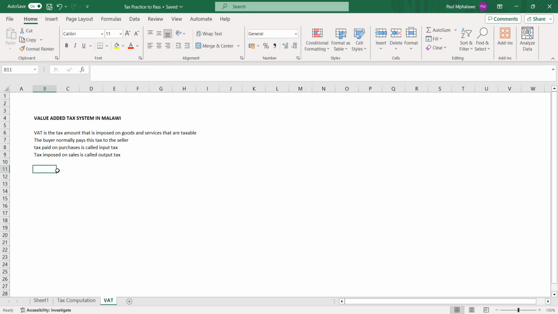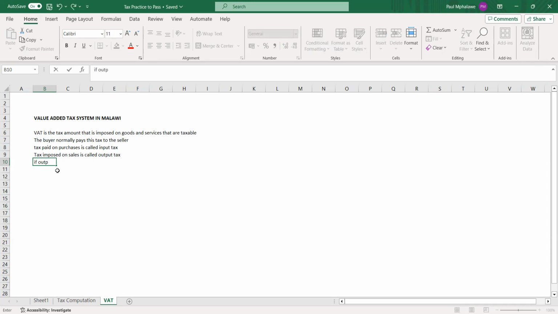So there's input tax and output tax. If you are a seller, okay, you have sold your goods, you have sold your services to the buyer. The tax that is imposed is output tax.